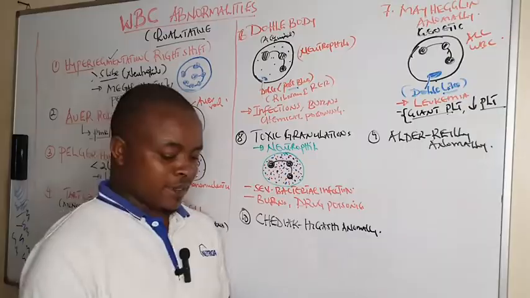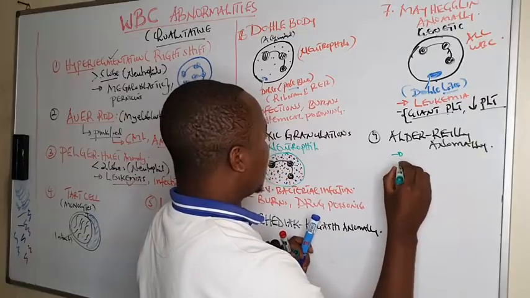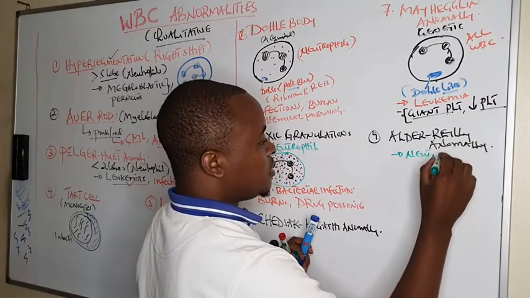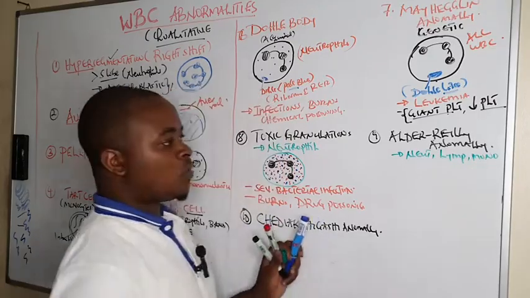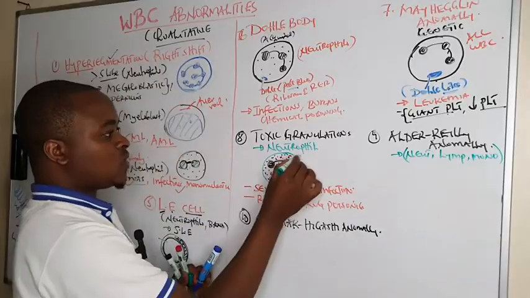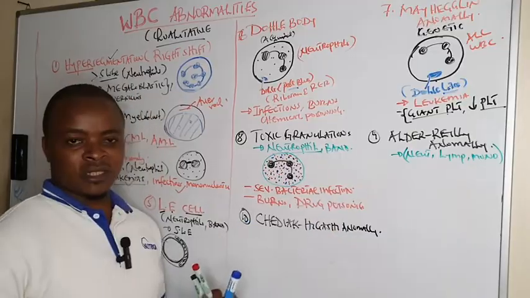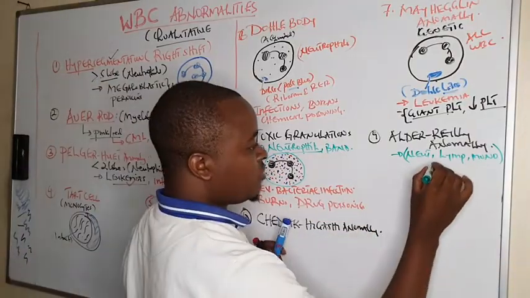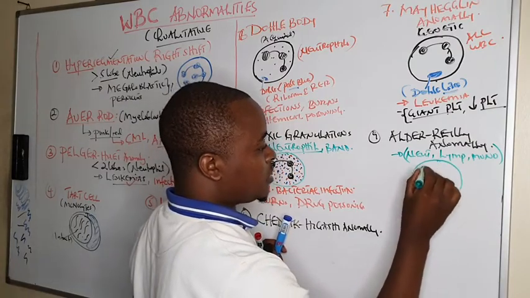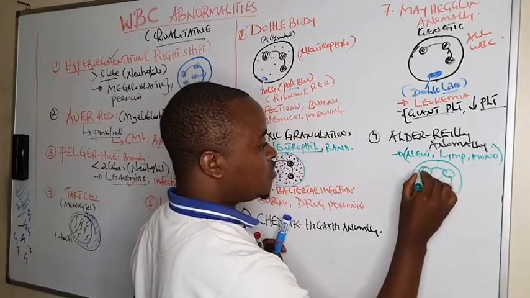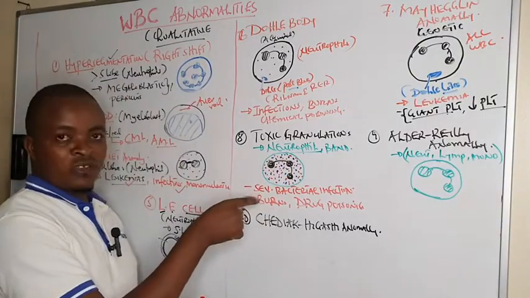Whereas Alder anomaly can be found in neutrophils, in lymphocytes, in monocytes. So this one can be found in all these three, whereas toxic granulation is majorly located in neutrophils and bands, the immature neutrophils which are not yet segmented. If I have a neutrophil with its nucleus which has three lobes, these granules are slightly larger than toxic granulations.